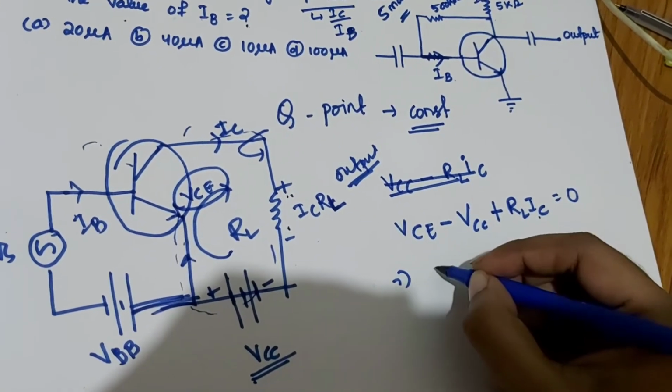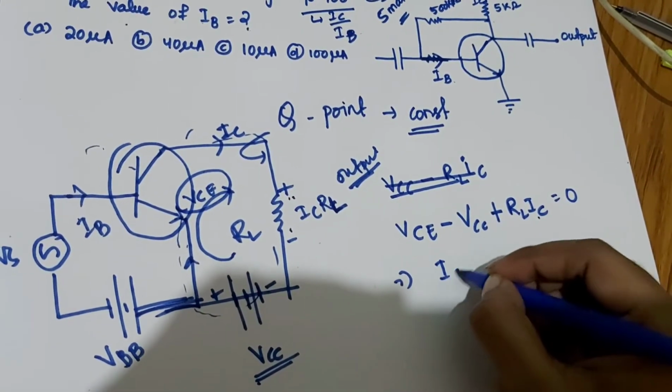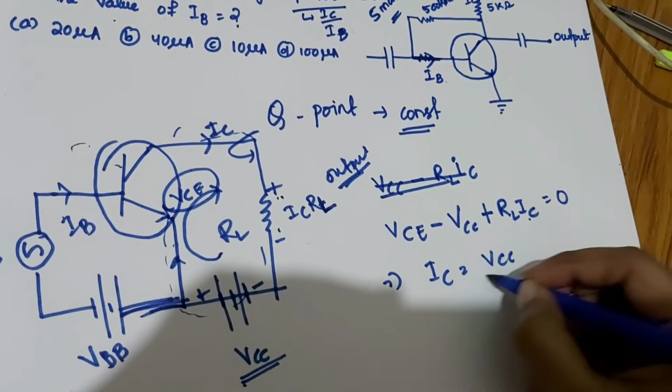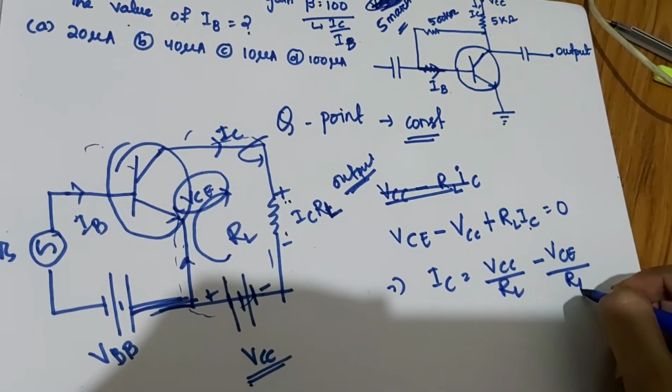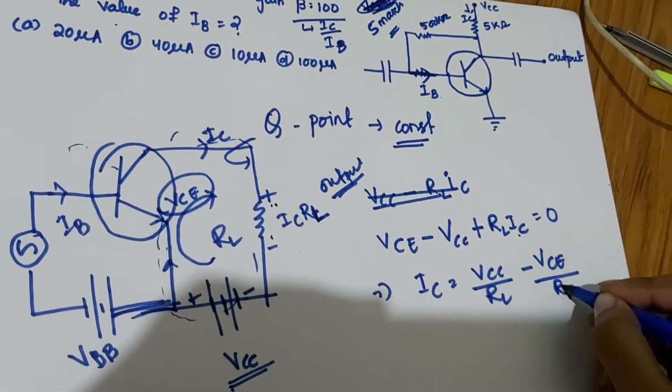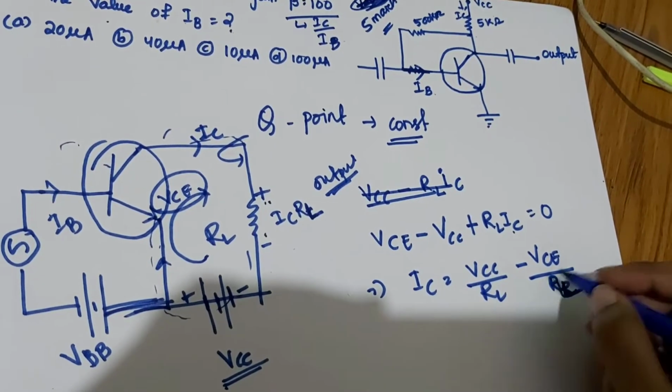From this I can find IC is equal to VCC by RL minus VCE by RL.